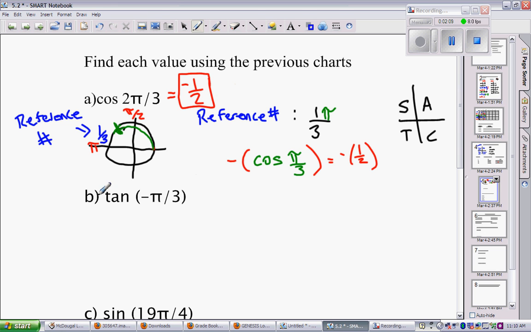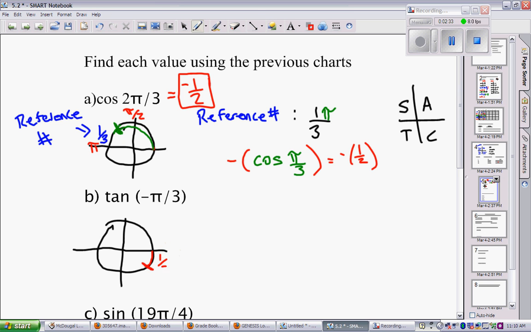So we can use that same trick for the tangent of negative pi over 3. Sketch out your unit circle. Negative pi over 3, we're starting at 1, 0, and we go down 1/3.